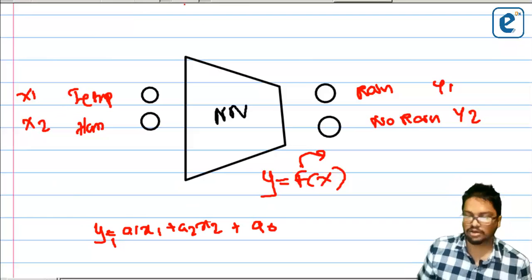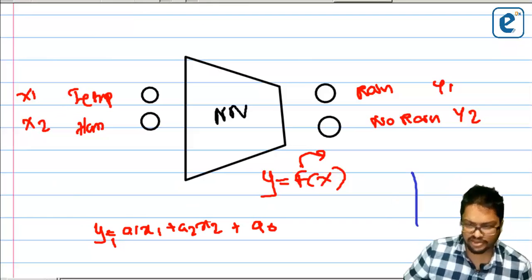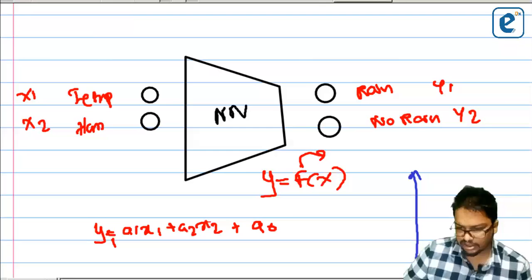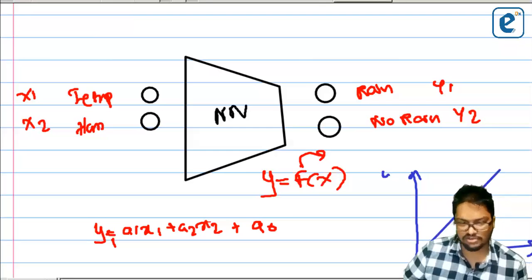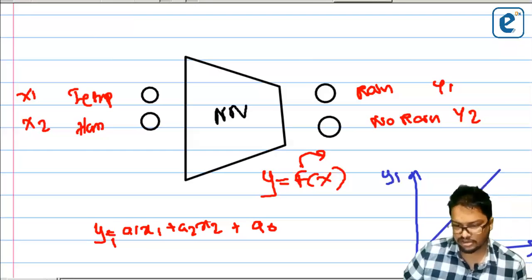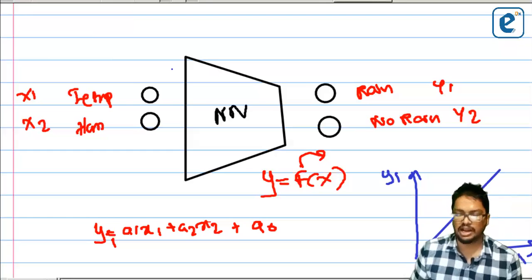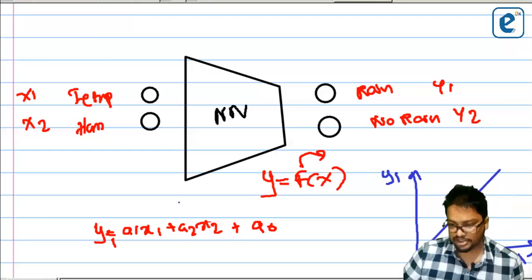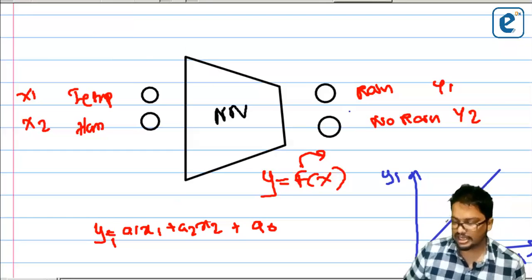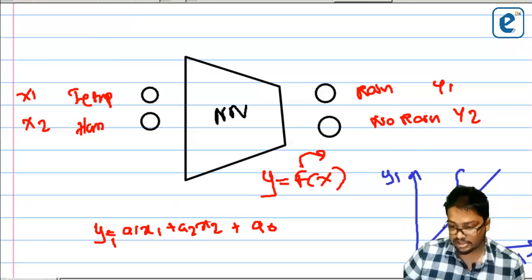If you have this kind of a thing, you definitely know that this will be a line, y1 against x1. So this is a linear function.